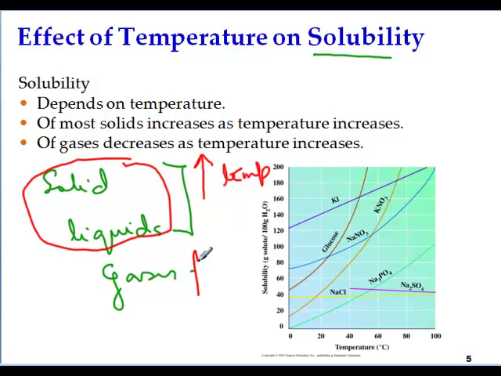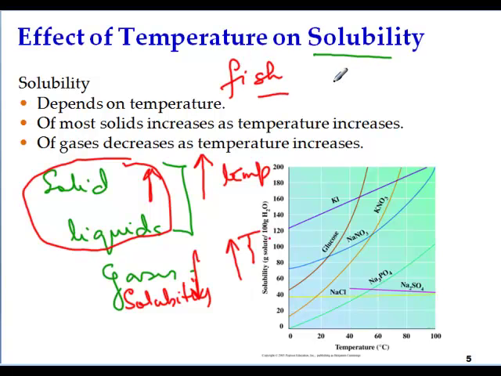However, gases decrease solubility with an increase in temperature. So the solubility is decreasing as the temperature is increasing. Another example of this would be, in very hot situations, you see fish dying in rivers or oceans.